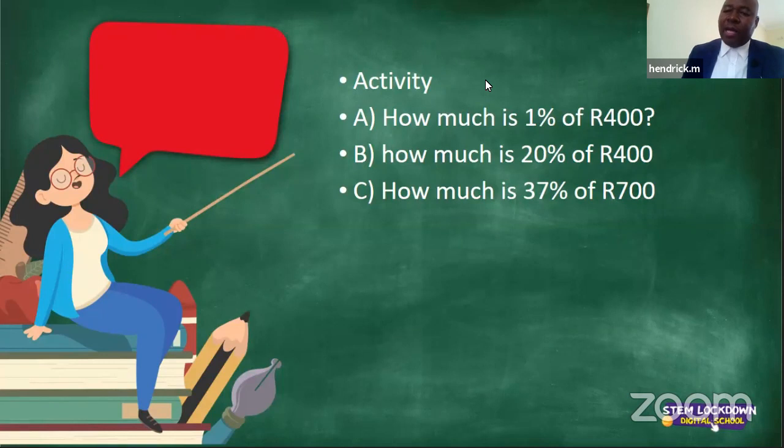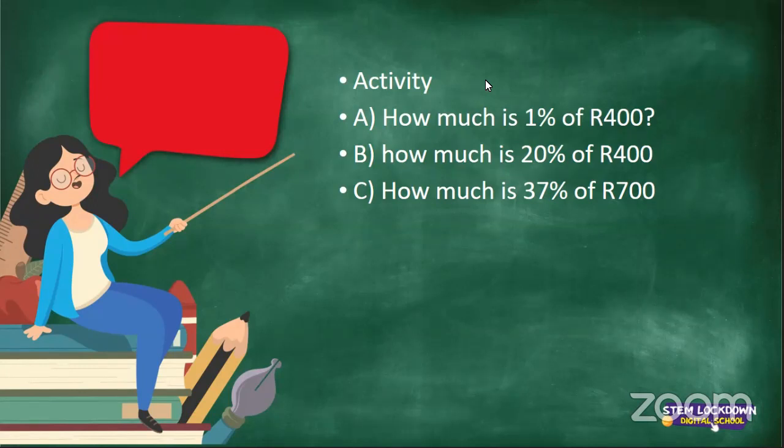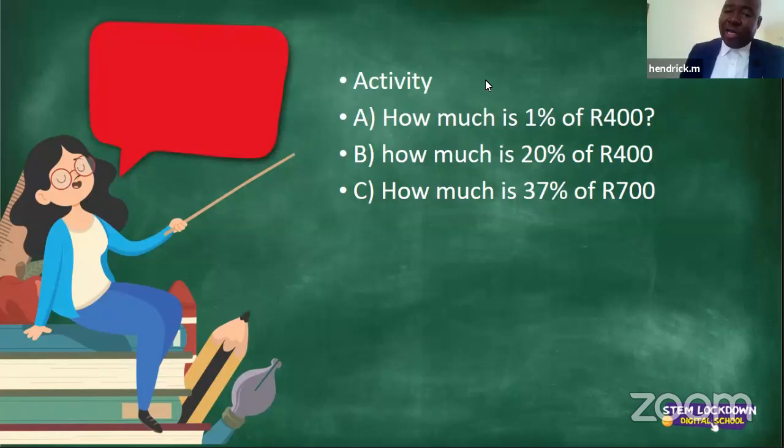Can you tell us how much is 20% of 400 and how do you calculate it? Sir, I'm still busy. Or are you still busy? Yes, sir. Okay, I'll give you 30 seconds. All right, thank you, Upelong. If you are ready, you can go ahead.